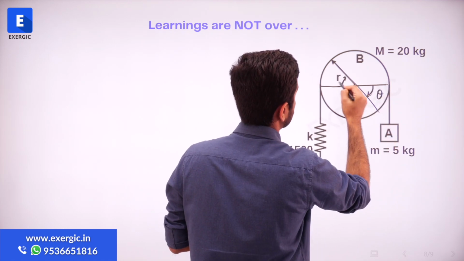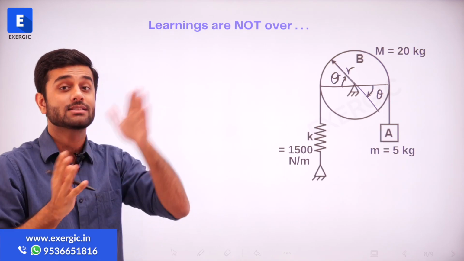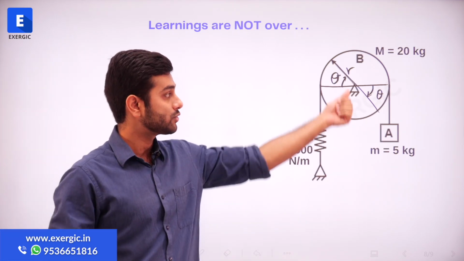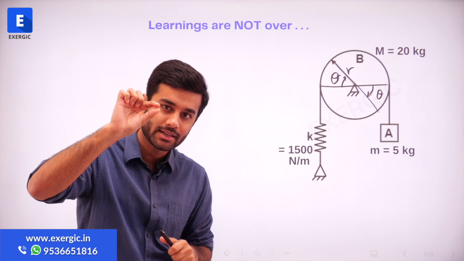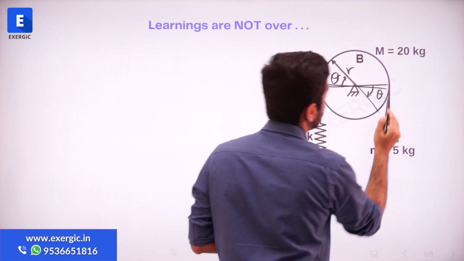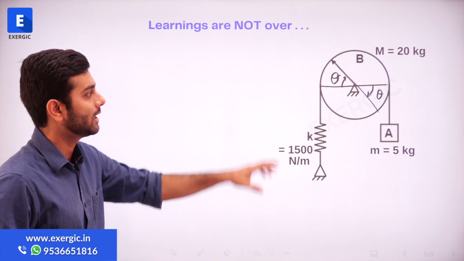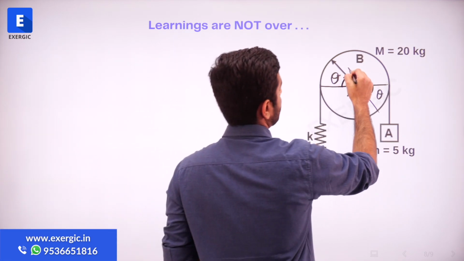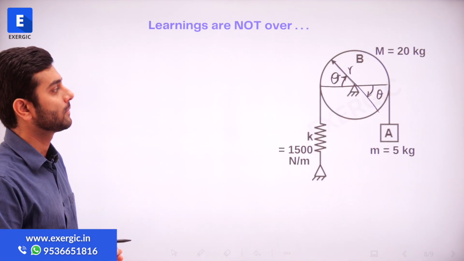Okay, this is R. Small theta, I have exaggerated this theta. I have shown it very big, but you know it's very small, infinitesimally small theta. So small that it looks almost like a horizontal line. I have shown it large here so that you can visualize it. You can rotate it clockwise, counterclockwise, that does not matter.